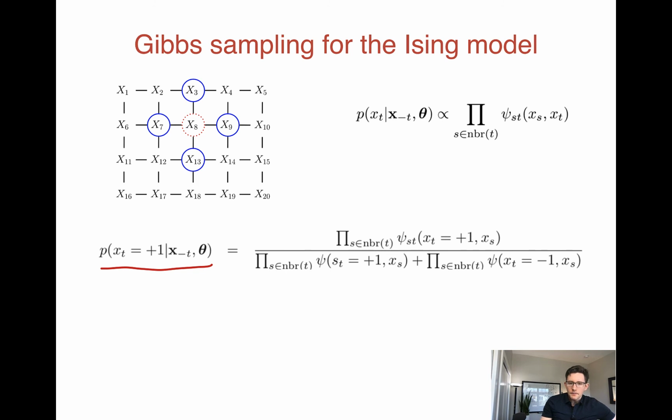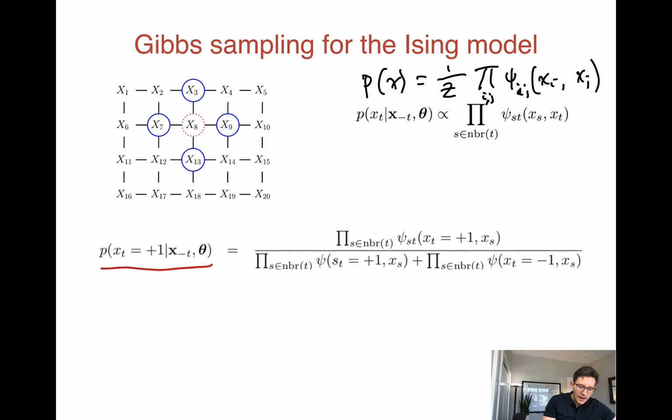Okay, to do that, we just plug into our probability distribution. Let's remember that the probability of x, in this case our whole x, is just going to equal 1 over z times the product, for every pair ij, of psi ij of xi, xj.